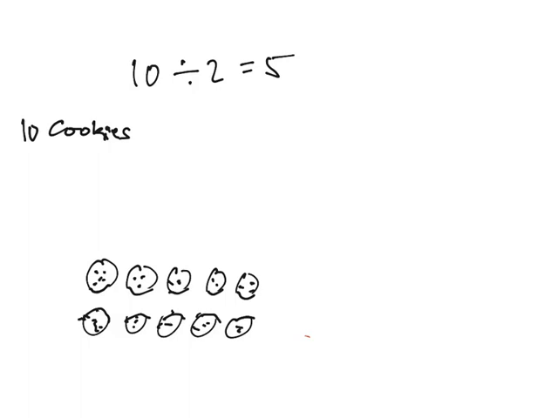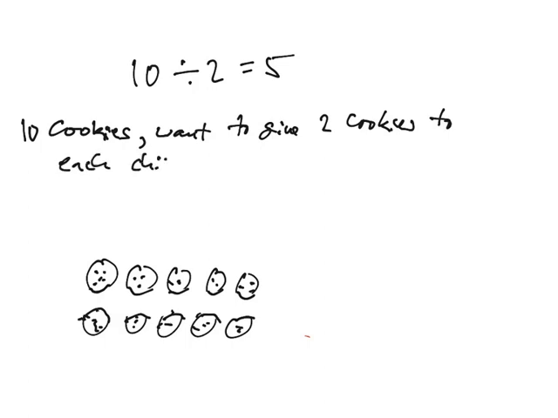But the other question is, I have 10 cookies, and I want to give 2 cookies to each child. And the question is, how many children can I give the cookies to?